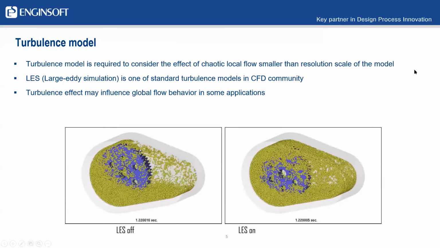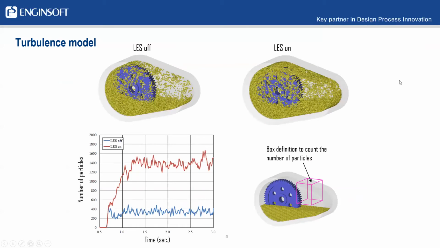And we have some backup for that statement on this next slide. We have a graph here. We took a box, and within this box, we're measuring the number of particles. Because that's a region kind of suspended in air, it's an interesting area where there's a significant difference between these two simulations.